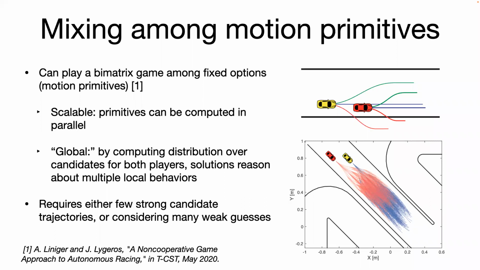So that's what's happening on the bottom. And in either case, there's a little bit of pain, right? In the first case on top, you'd really need to have access to expert information. On the bottom, the more trajectories we're sampling, the harder computationally that is. And even if they can be computed in parallel, solving the resulting finite game is maybe not going to be so easy. Okay.